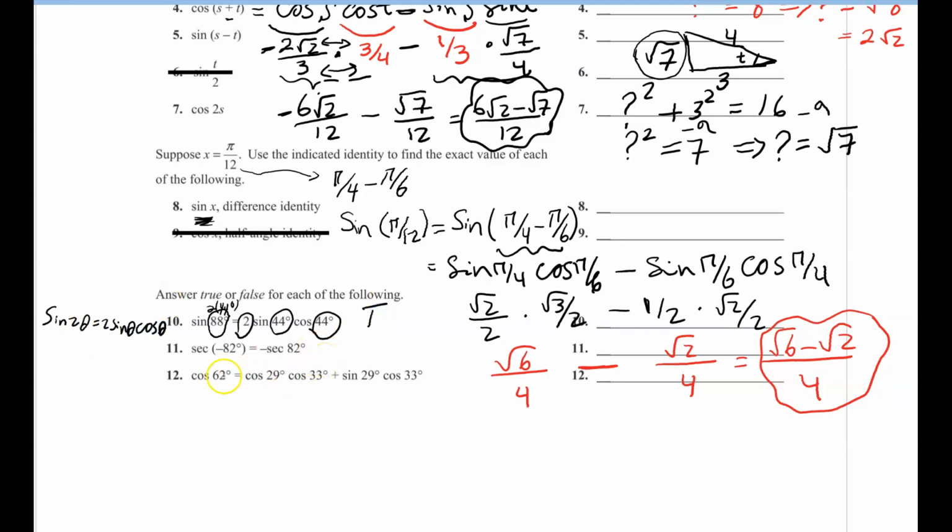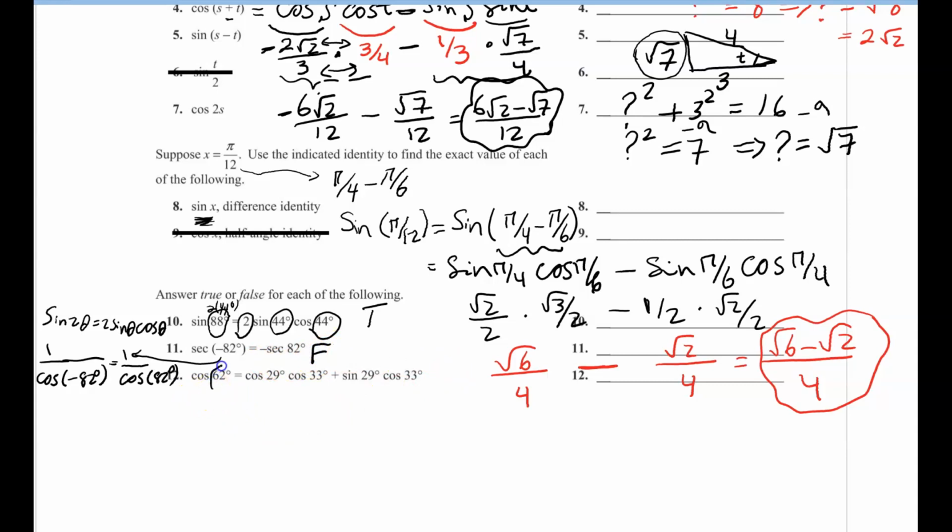Number 11 is false because secant is the same thing as 1 over cosine of negative 82 degrees. Cosine is an even function, so this is equivalent to cosine of positive 82 degrees, which is going to be positive secant. That's why this is false.